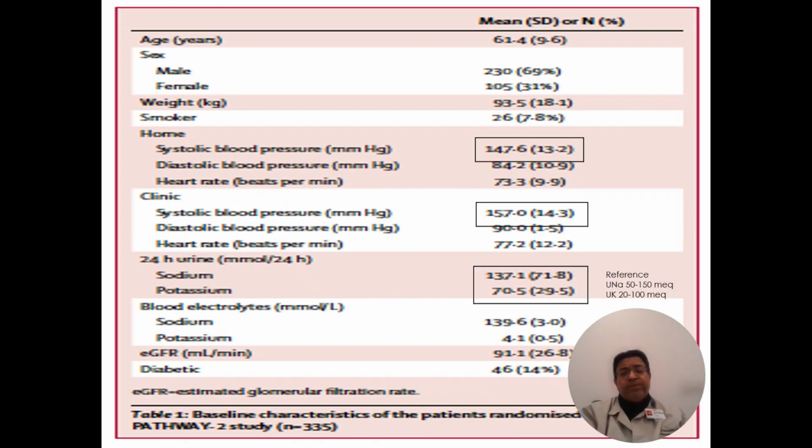As you can see, the home systolic blood pressure on average was 147.6. The clinic systolic blood pressure on average was 157. The 24-hour urine sodium was 137.1.